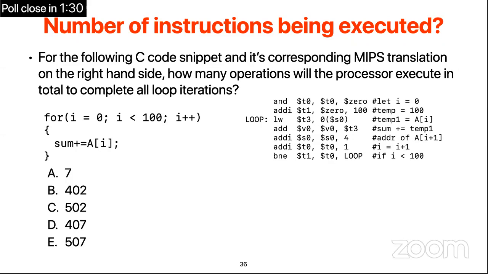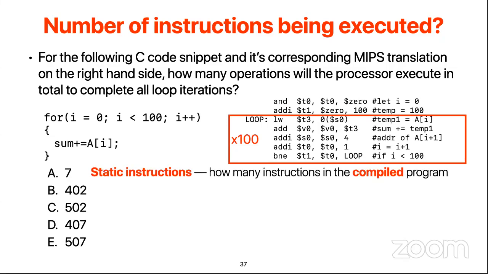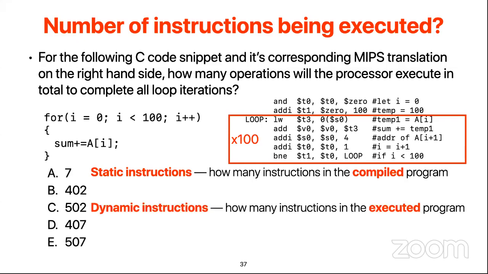So see, this is not the assembly, well, it's not really hard, right? The loop will be executed 100 times. So just do it 100 times and you will get the amount of instructions that are actually executed. So here I'm going to introduce another two terms. One is called static instructions.